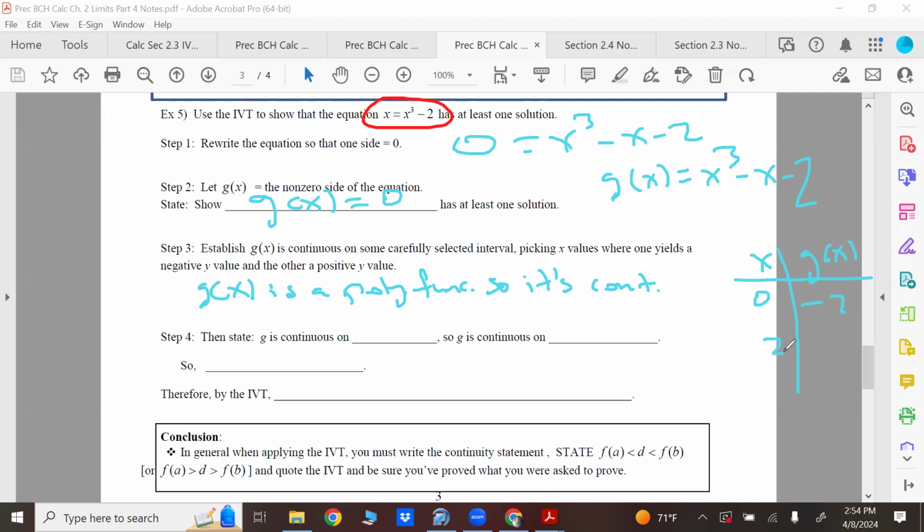What if x were 2? 4. Okay. So is it continuous from 0 to 2? Sure. Actually, let me back up a little bit. I think what they meant to say here is that since it's continuous on that interval.